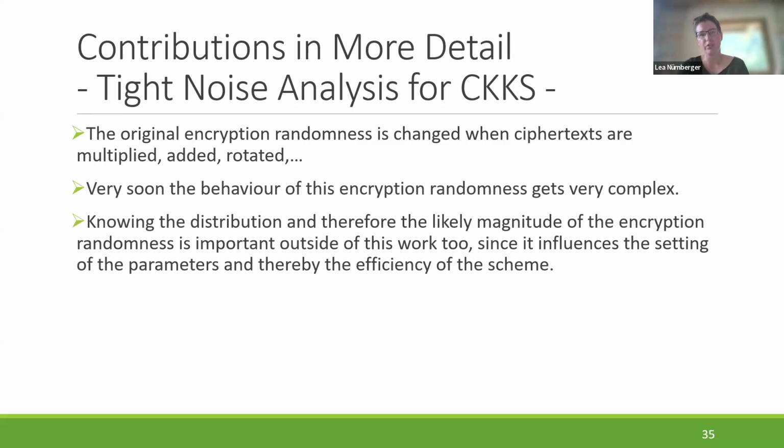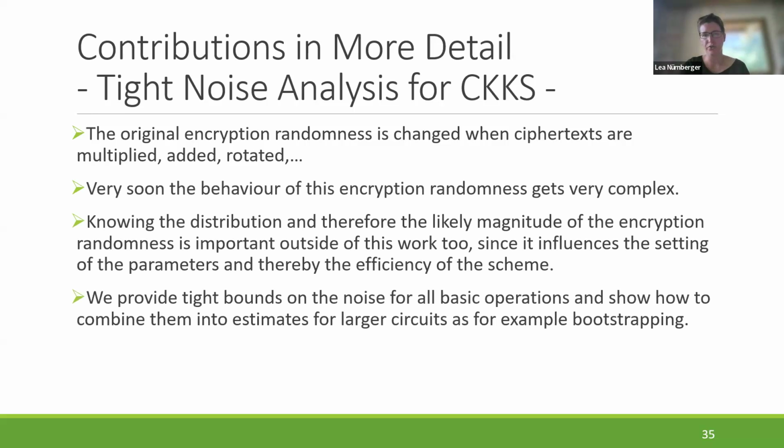So what we do in this work is we try to analyze the distribution of the randomness, in particular the standard deviation, and then show how to combine those standard deviations into a standard deviation for large circuits, and how to use this to bound the noise. In particular, we provide the standard deviation for all basic operations, show how to get tight bounds of that, and how to combine them into a larger circuit.